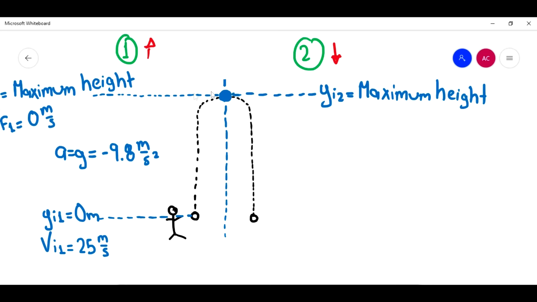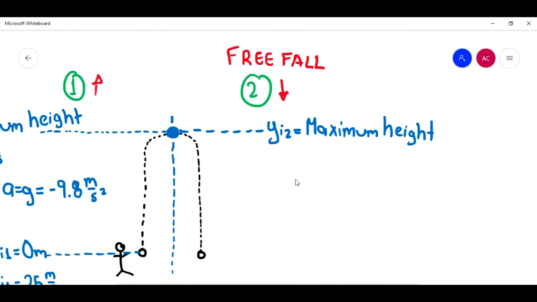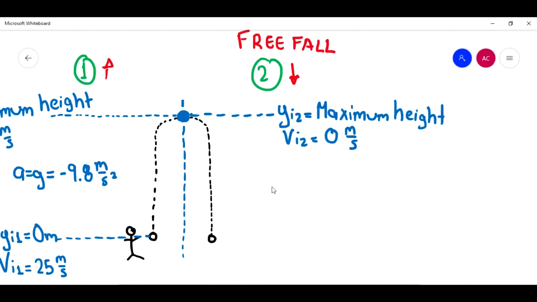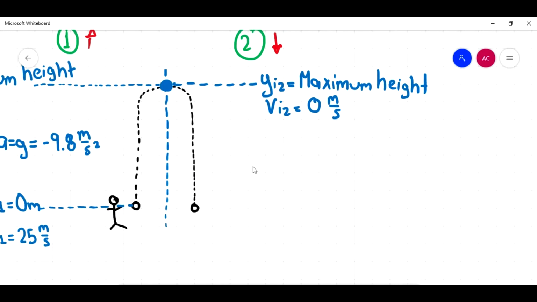Also, I told you in the previous video that segment number 2 is going to be treated as free fall. So the initial velocity of segment number 2 is 0 meters per second, because in free fall the initial velocity is always 0. And remember that the velocity at the highest point is 0 meters per second.